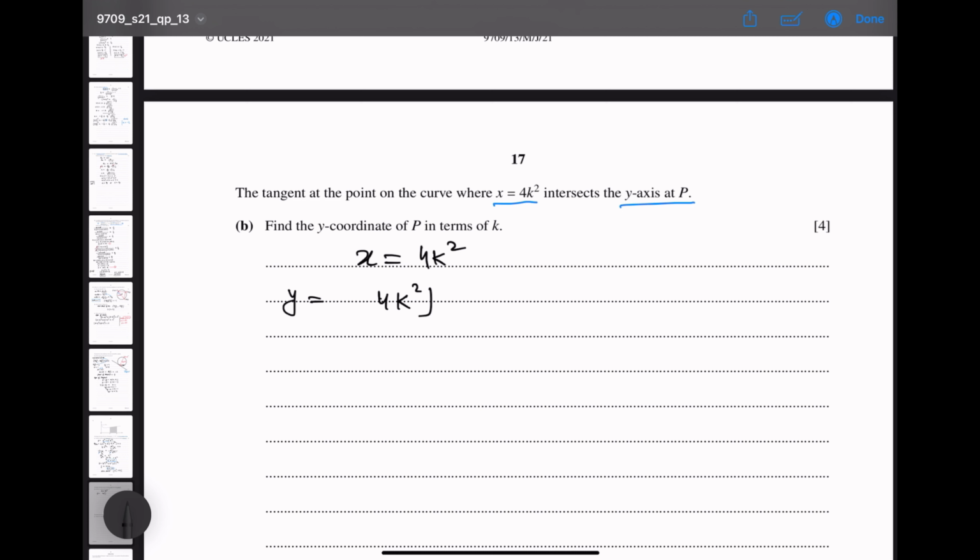4k square power 1 over 2 plus k square into 4k square power negative 1 over 2. We are putting this value of x in the equation of the curve. Simplifying, this becomes 2k plus k square.